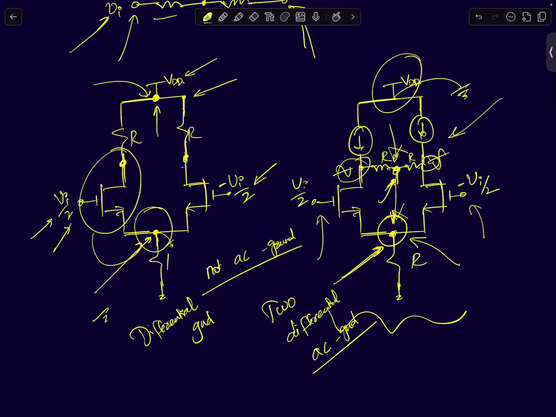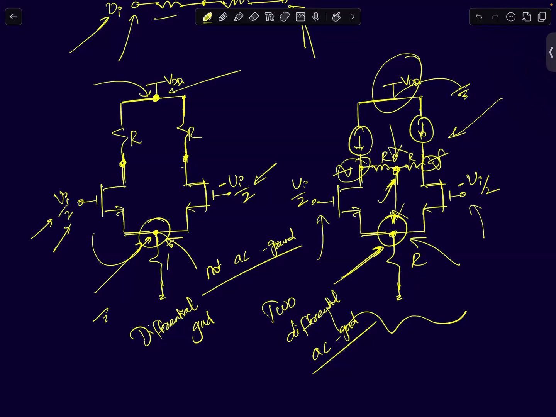So this circuit has one AC ground, VDD. When I'm using the word AC, I'm referring to both. It has to be ground for both common mode and differential inputs. That happens only for VDD. This node here will be only a differential AC ground. It's not ground for common mode inputs.